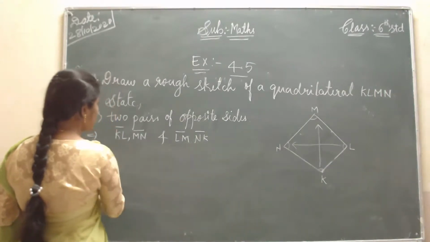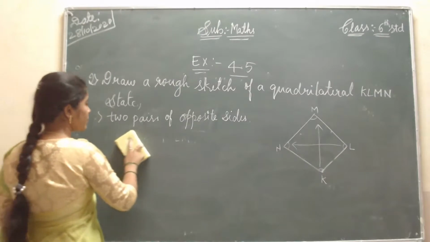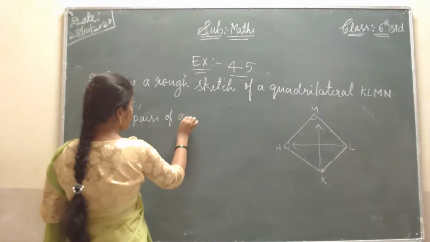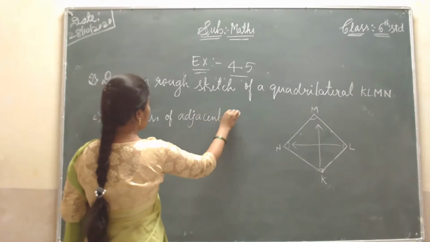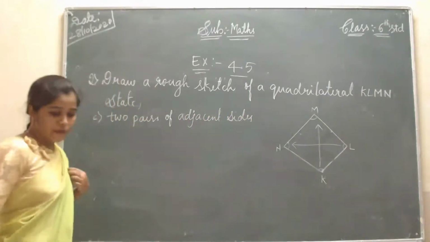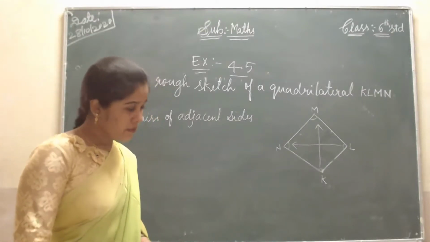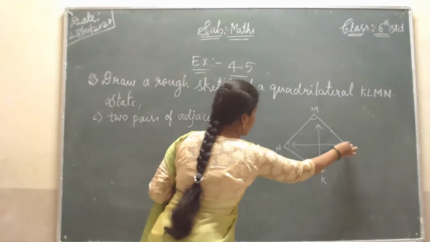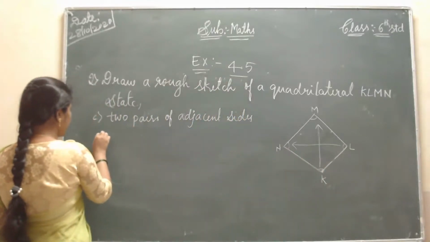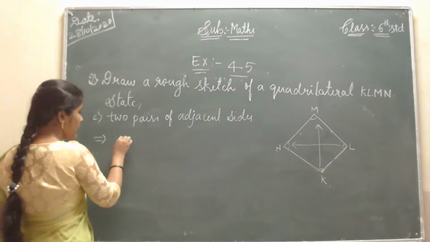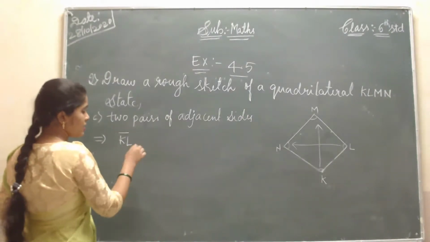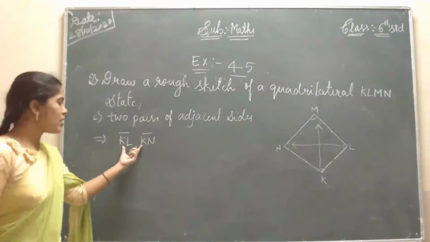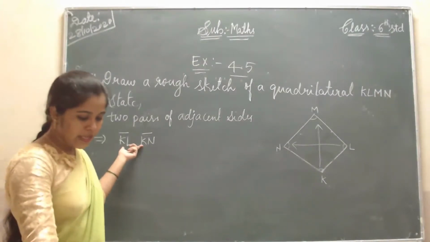See, the adjacent sides of K: KL and KN is one pair.